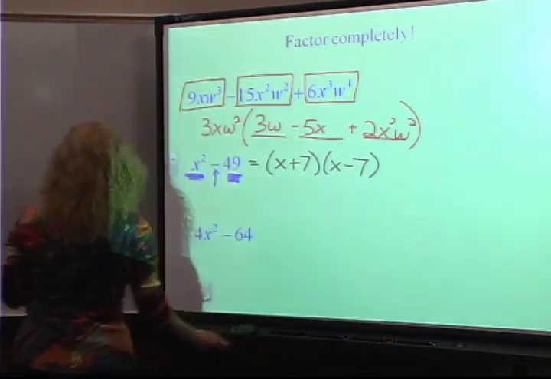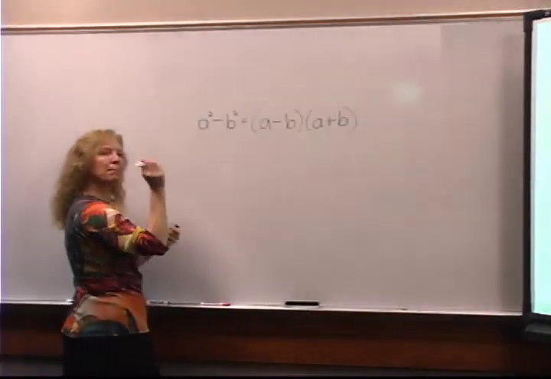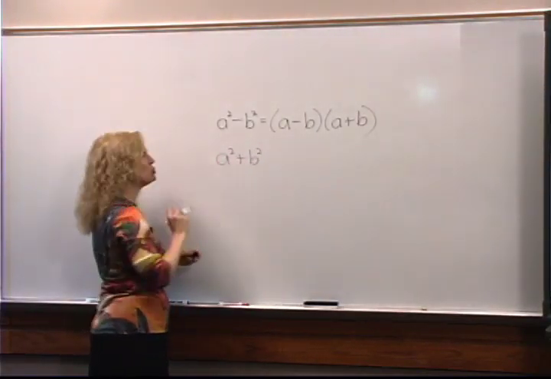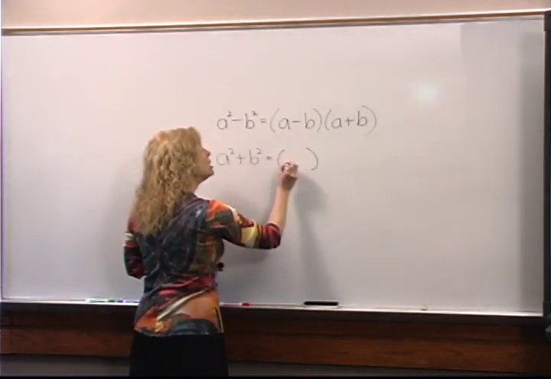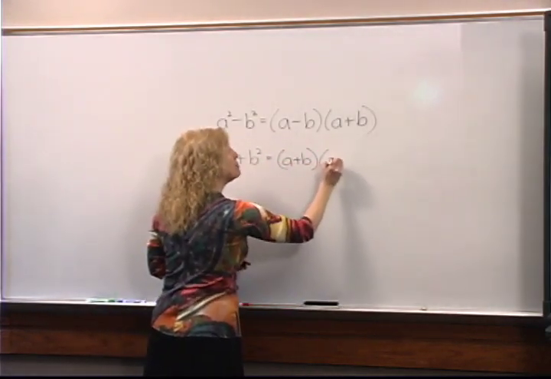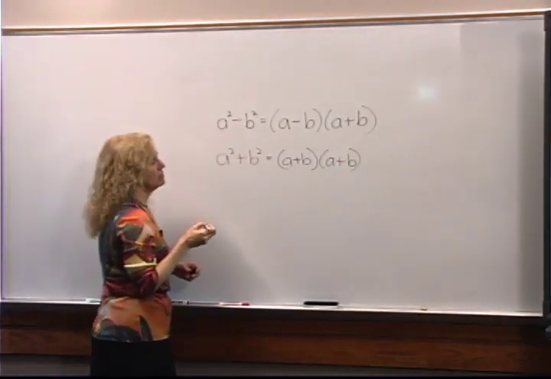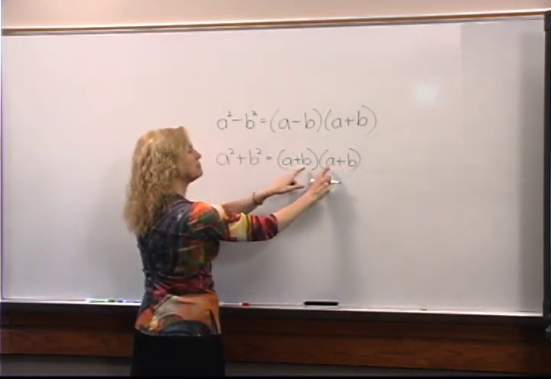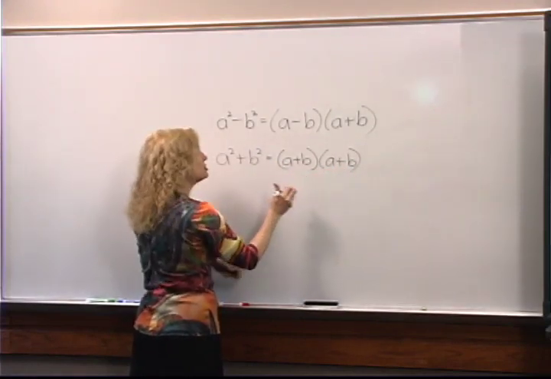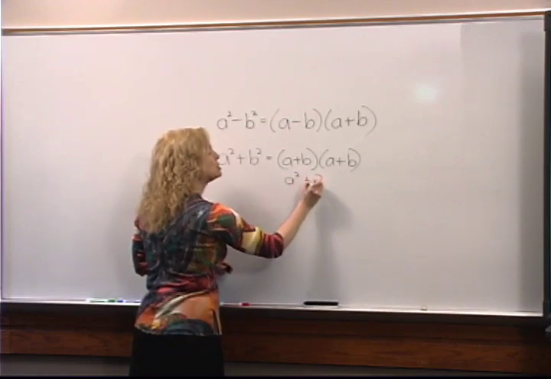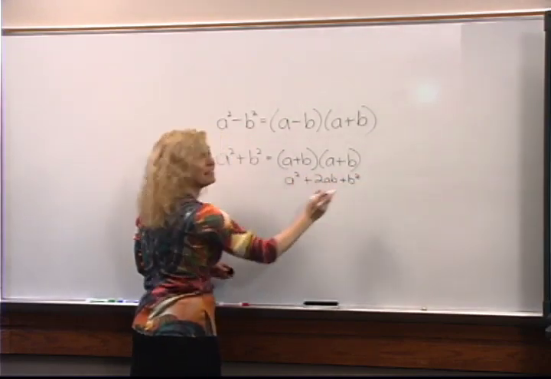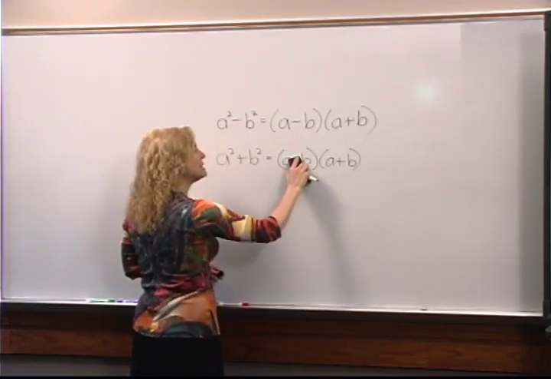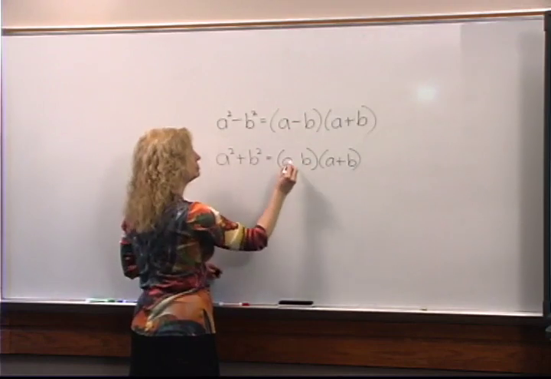Hey, before we leave this guy, what if I had a squared plus b squared? What if I had a sum of 2 squares? And you say, well, try a plus b, a plus b. Because you have plus ab, your outers and inners, you would get a squared plus 2ab plus b squared. So it can't be that. Okay, so then you say, all right, we'll make one of these guys negative.